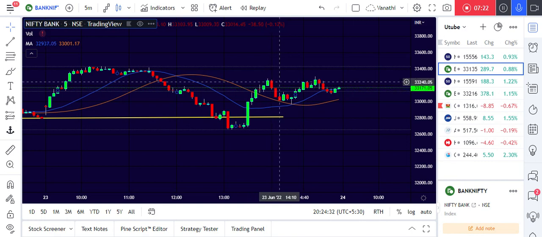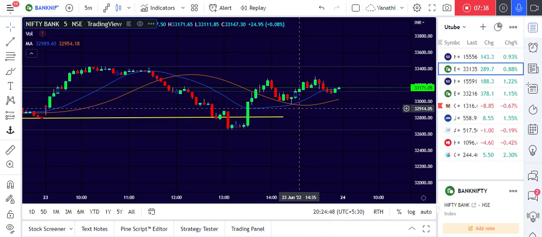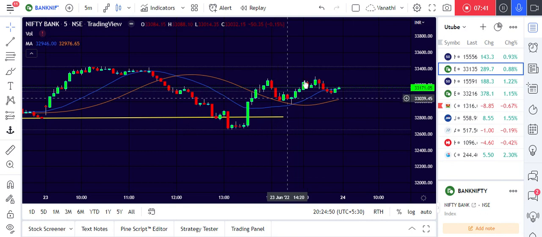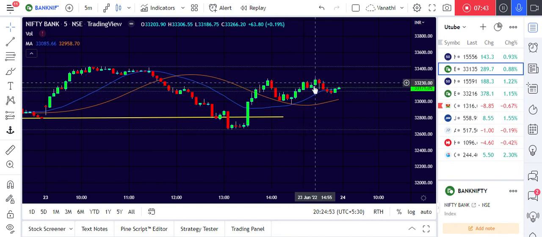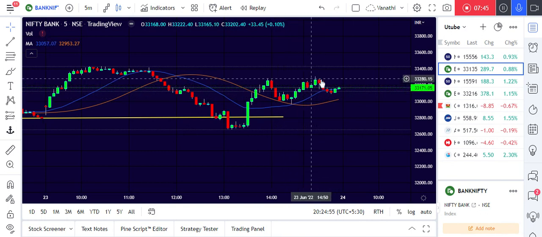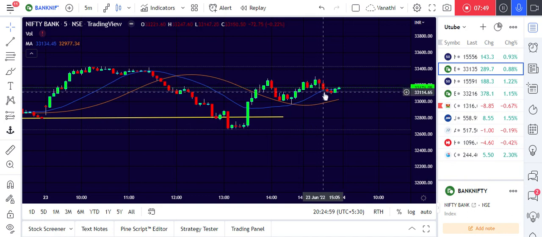Nearly one third of the profit I got from Bank Nifty was reduced. For example, 60,000 was reduced to 45,000, something like that. So I waited with patience, and once the price reached here, I bought a put and the price fell down, these two candles.